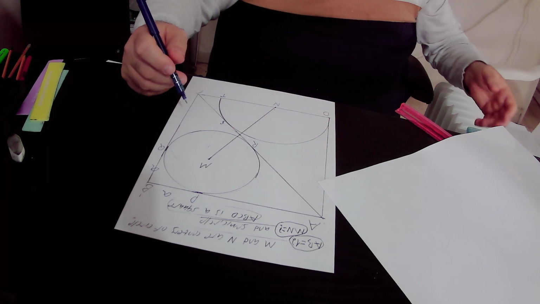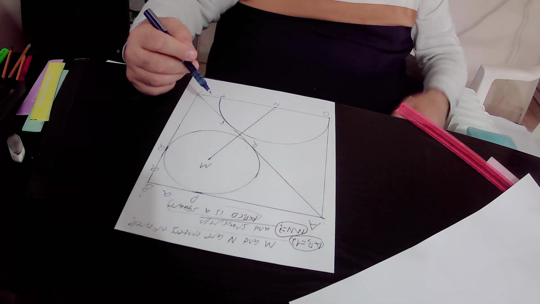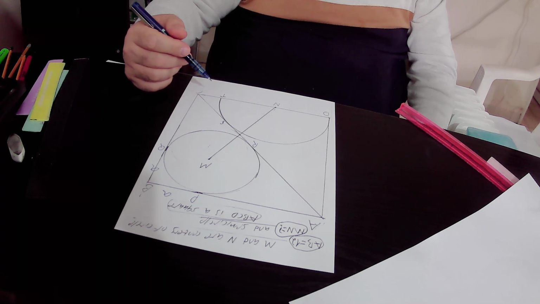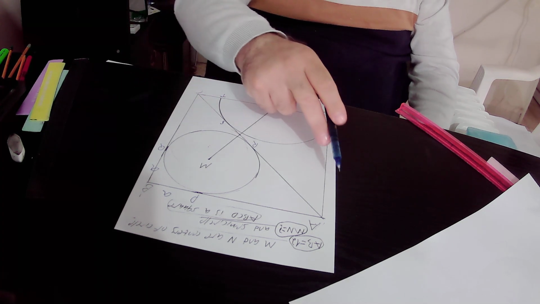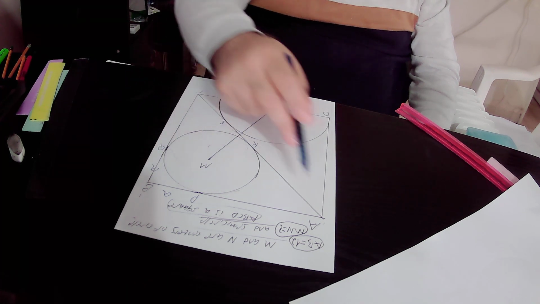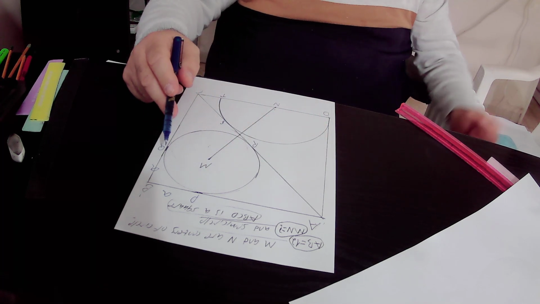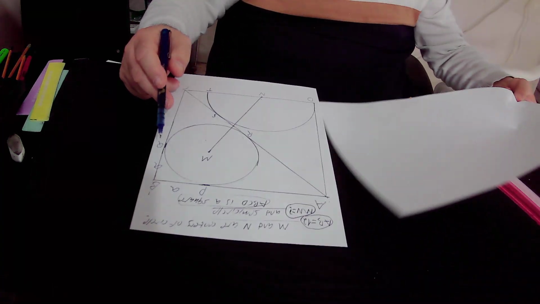And we know that one side of square ABCD is equal to 12 units, so here we know that AB equals 12 units. So if AB equals 12 units, then AP will be equal to AB minus PB.